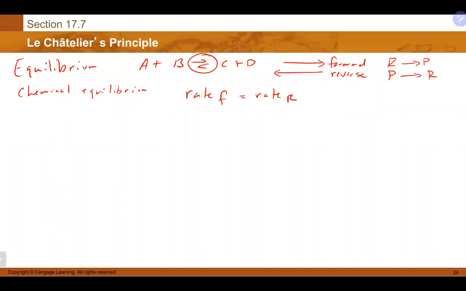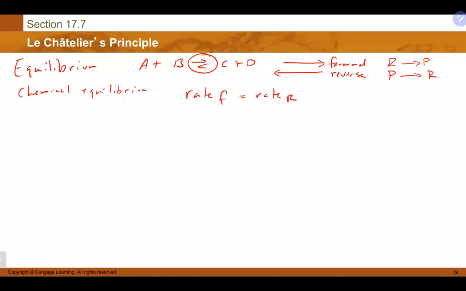So everybody gets locked into place in terms of their concentrations at that moment. They maintain their concentrations, because as fast as they lose a little, they gain it back just as quick. If we're dealing with gases, they could also be maintaining their pressures on both sides, but in terms of concentrations. So that is what chemical equilibrium really means.